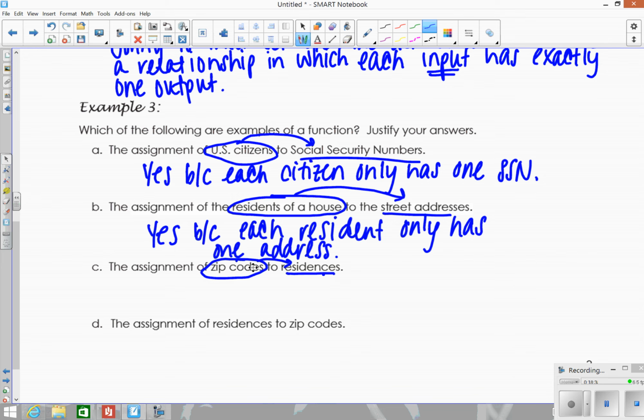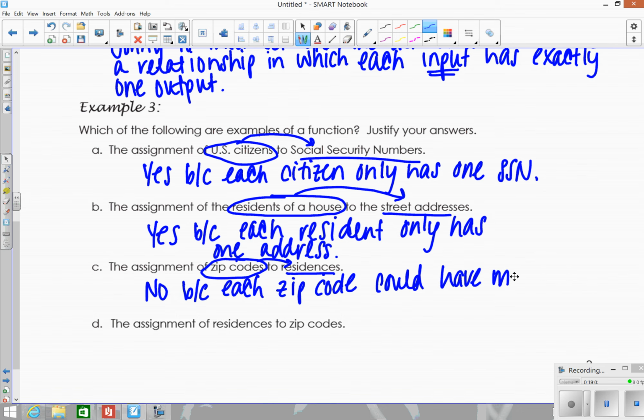Since one input could have multiple outputs, it would not be a function. So this is no, not a function, because each zip code could have multiple outputs, or residents.